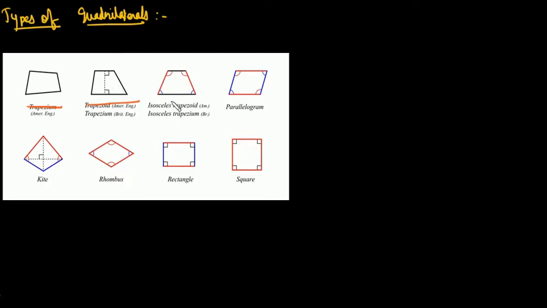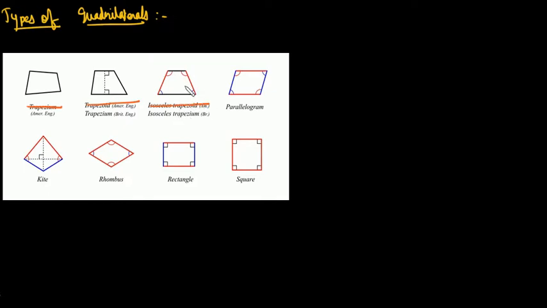If the non-parallel sides of a trapezium are equal. Here we didn't say these two are equal in length, but we are saying these two are equal in length. So when you have one pair of parallel sides and one pair of equal sides, then you can call this an isosceles trapezium.